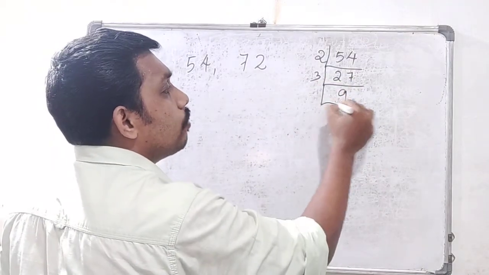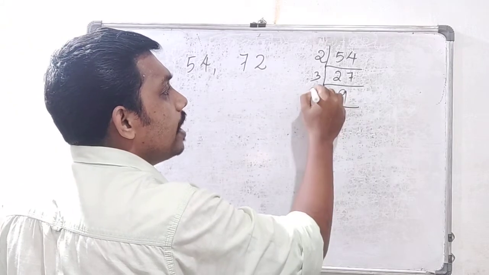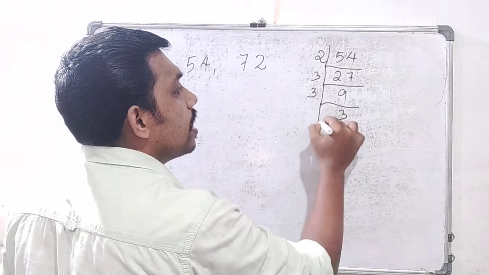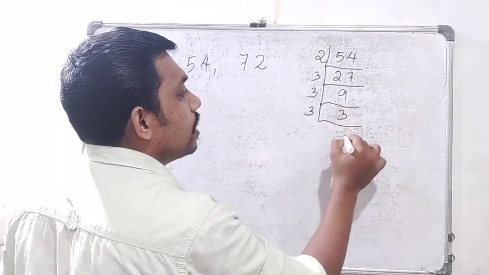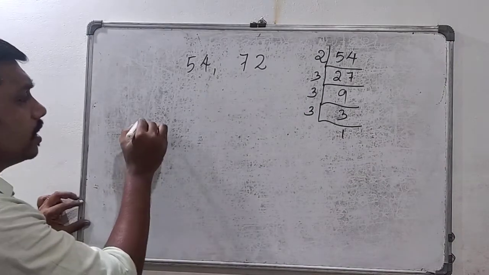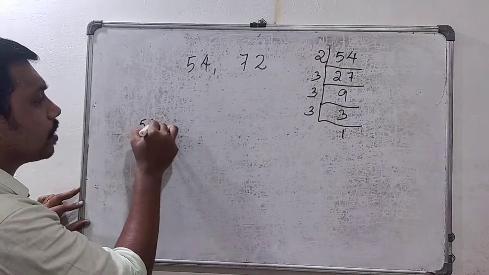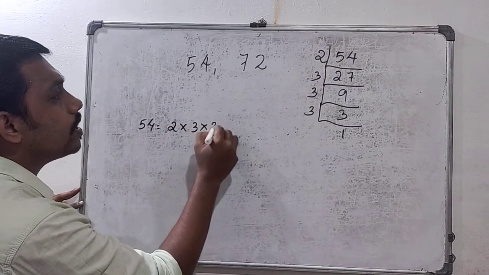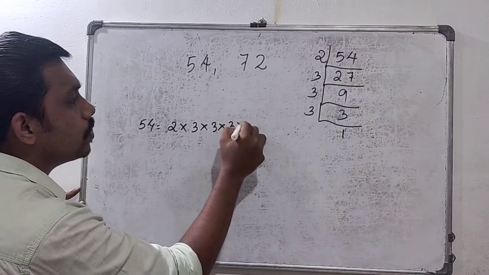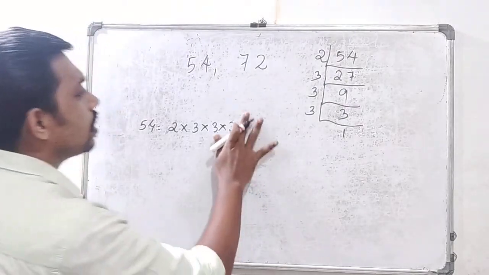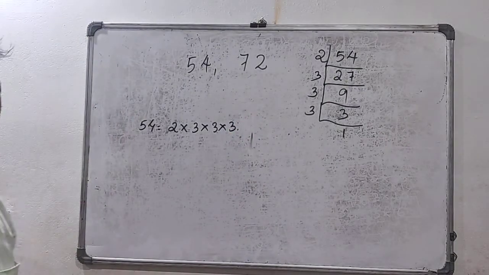And again we can divide the quotient 9 by the next prime number 3. Here we get the answer 3. And now we divide 3 by 3 and we get the answer 1. So the prime factors of 54 are 2 into 3 into 3 into 3 into 1. There is no need to write 1. So these are the prime factors of 54.